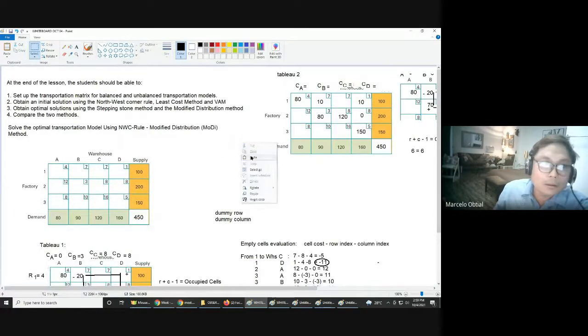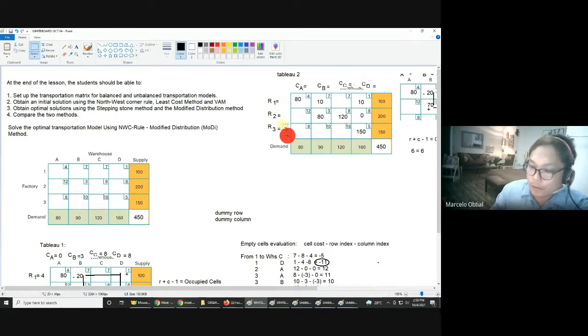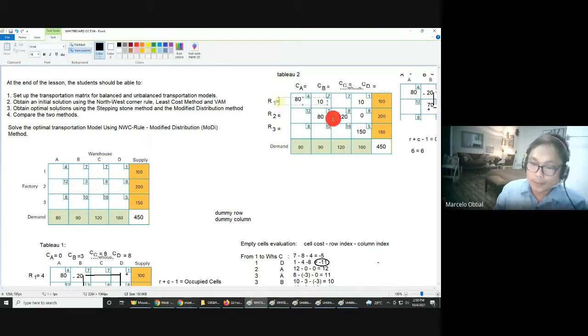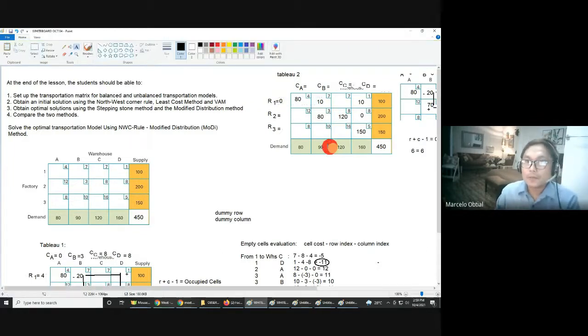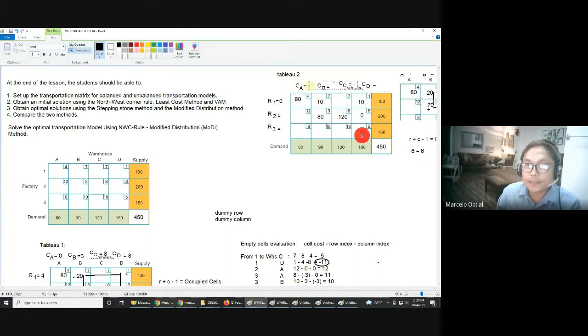Okay. So, let's erase the values. Julia said she wants the row as 0. Okay, 0. So what we can put is C sub A, since it has a value. What's the value of your C sub A?